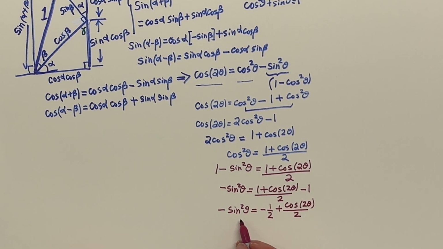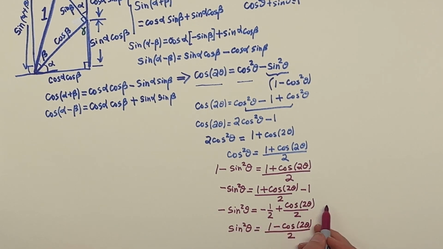And then if we multiply through by minus 1, we'll get sine squared theta is equal to 1, and I'm going to put the 2 as a common denominator here. So sine squared equals 1/2, and then it's going to be minus the cosine of the 2 theta quantity over 2.